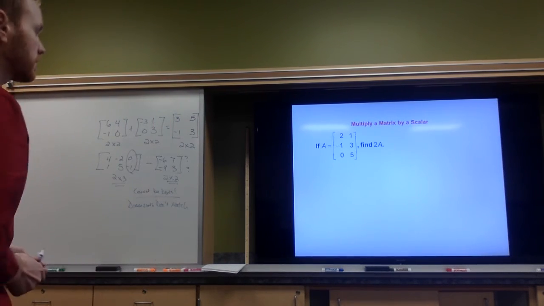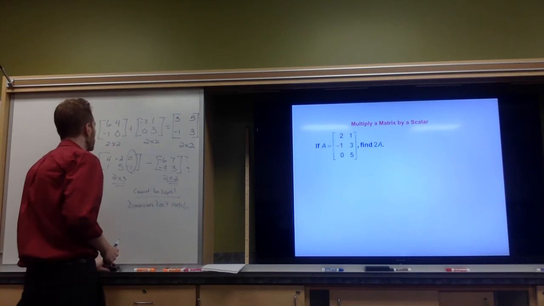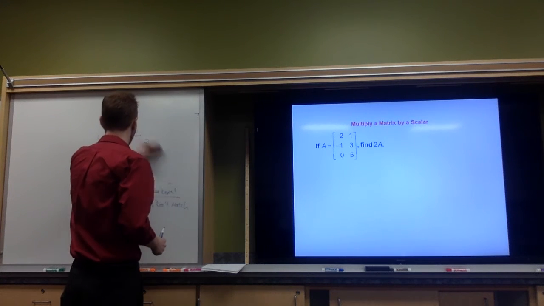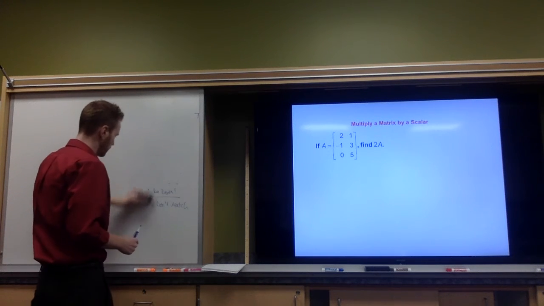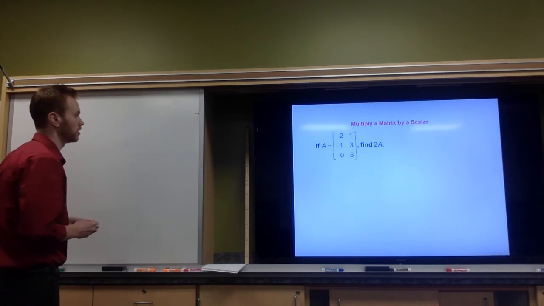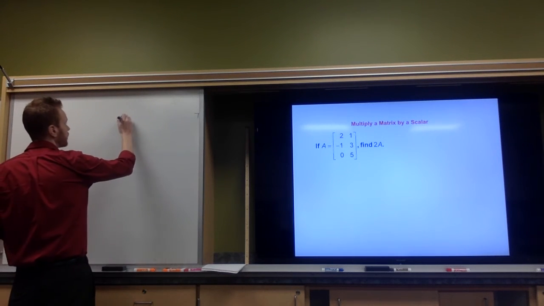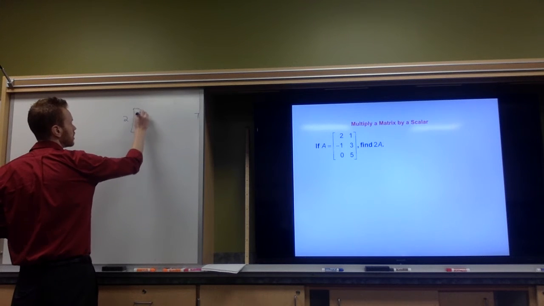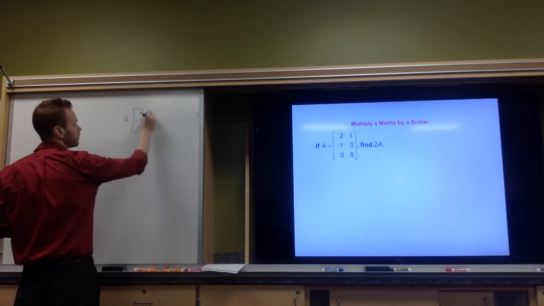So let's take a look at this guy. We're out of the realm of addition and subtraction, which I think are pretty simple operations, given that we know how to do them now. So I'm going to figure out what 2 times this matrix will equal.